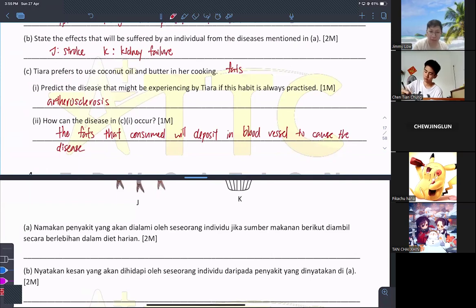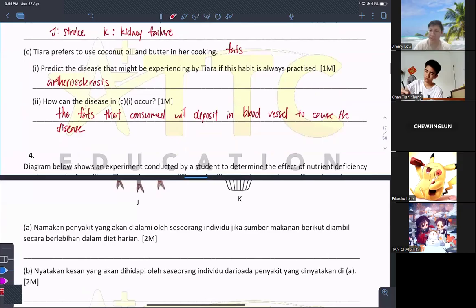Deposit in BM is called terbendak. Terbendak means accumulated. The fats will accumulate in the blood vessel, in the saluran darah, dan menyebabkan penyakit berlaku.